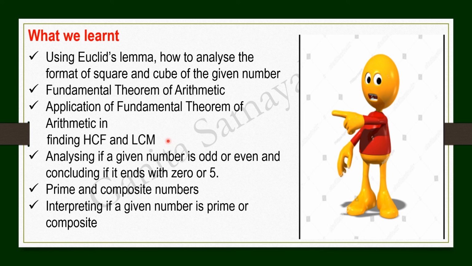What else did we do? We established the relation that H into L is equal to A into B, and it is not that H into L is equal to A into B into C. So all these things you should mentally get into you, what we learned. And then about odd and even, whether it ends with 0 or 5, that analysis. We also talked about prime and composite numbers and how we interpret them.